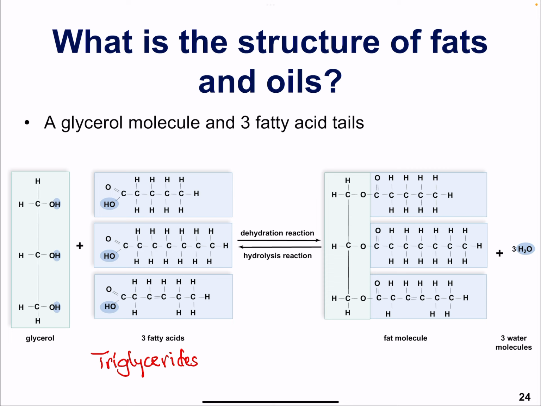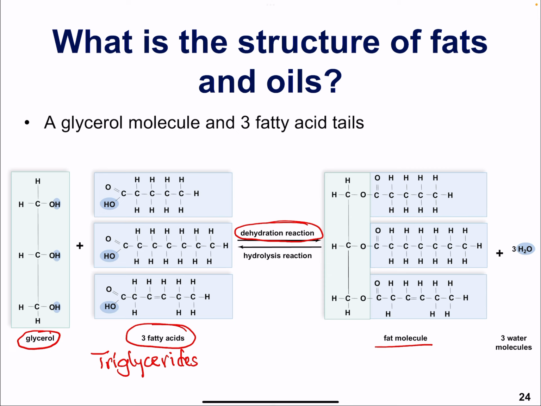What are triglycerides? Triglycerides are simply one glycerol molecule to which three fatty acid molecules are attached. Through a dehydration reaction, we are going to have a fat molecule, or a triglyceride molecule.